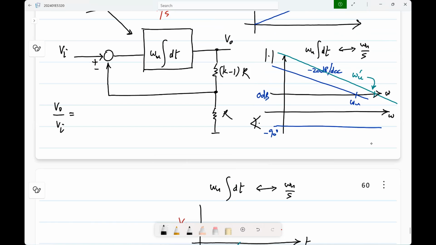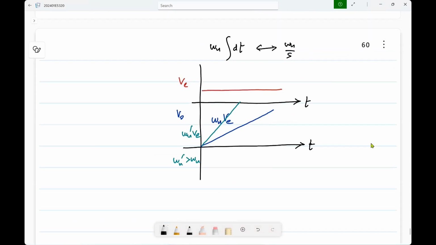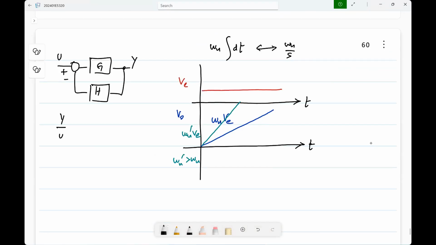You've done it. Okay. So in the standard control systems terminology, what is this block and what is this block? What do you put inside here, in control engineering? What is in the upper block, what is in the lower block? G and H. And what is Y by U?